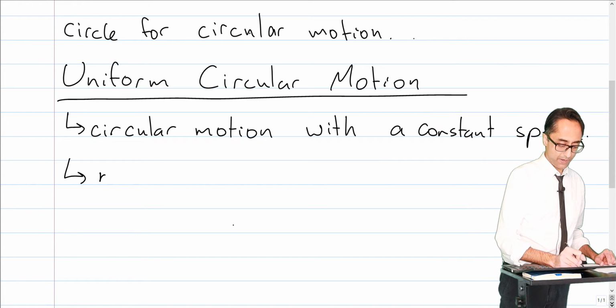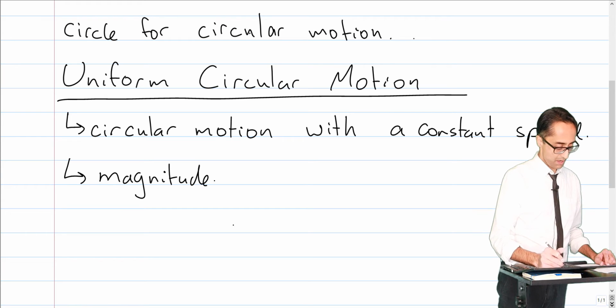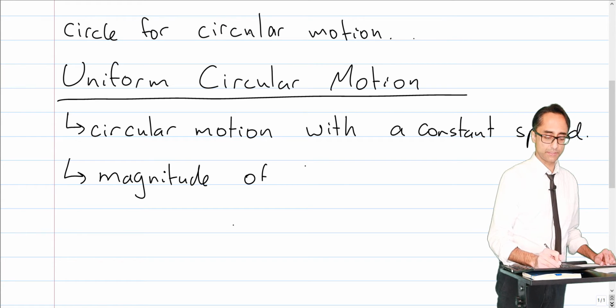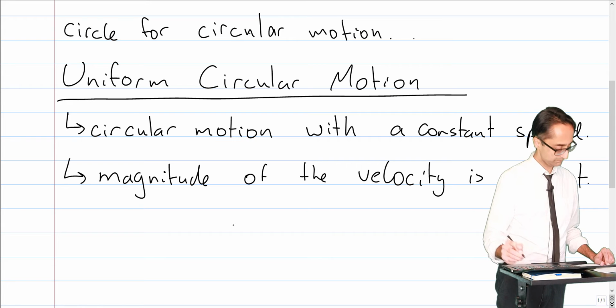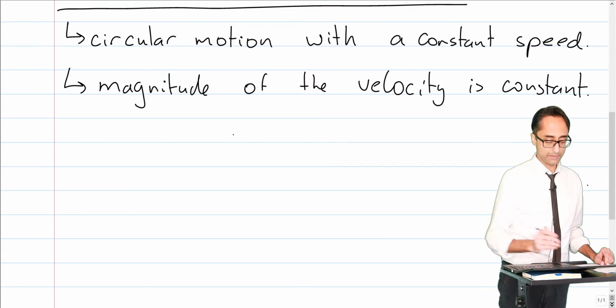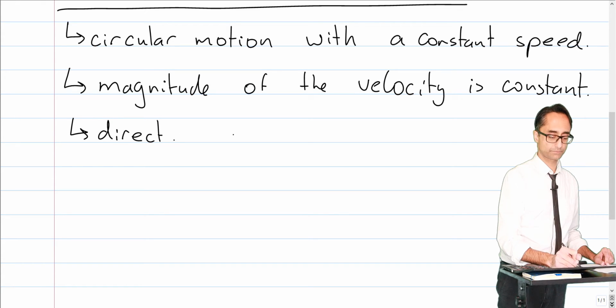So let's instead write that the magnitude of the velocity is constant. And additionally to that, as I've shown, the direction is constantly changing.